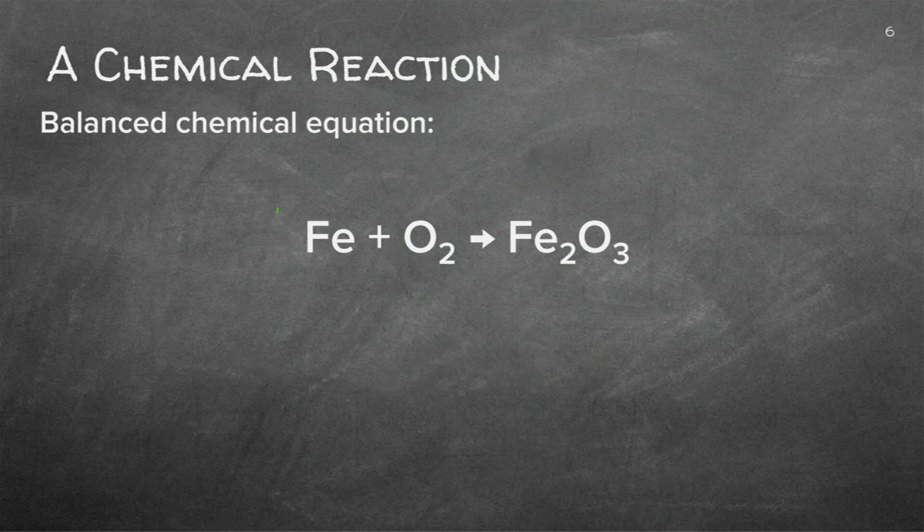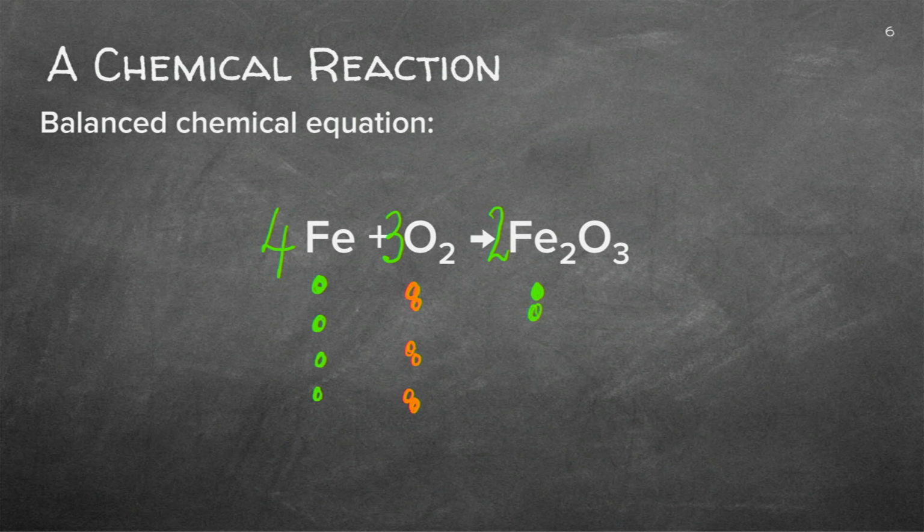Right, so I've got 4 irons, I've got 3 oxygens, and I'm forming 2 of those. This will mean 4 irons like that. I've got 3 oxygen molecules, and I'm now forming 2 iron oxide. Can you see?